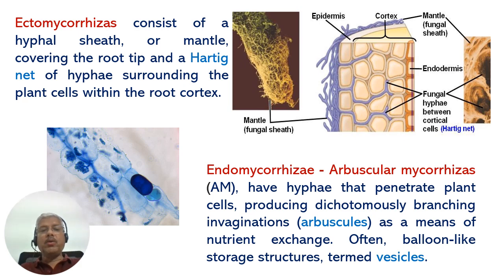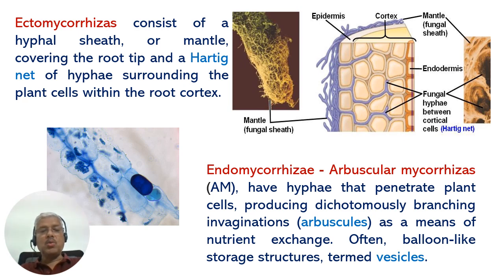Ectomycorrhiza consists of a hyphal sheath or mantle covering the root tip and the Hartig net of hyphae surrounding the plant cells within the root cortex. In some cases, the hyphae may also penetrate the plant cells, in which case the mycorrhiza is called ectendomycorrhizae, that is, outside the root.